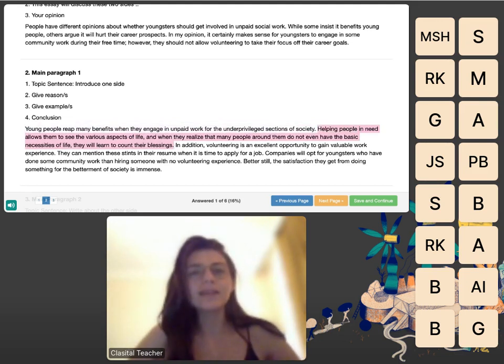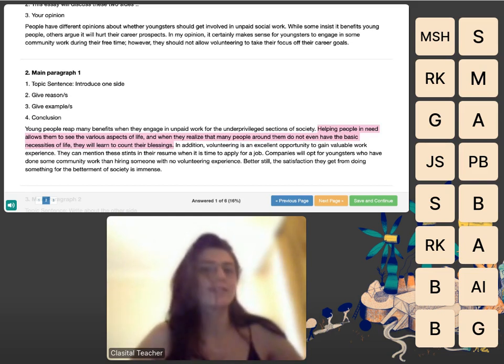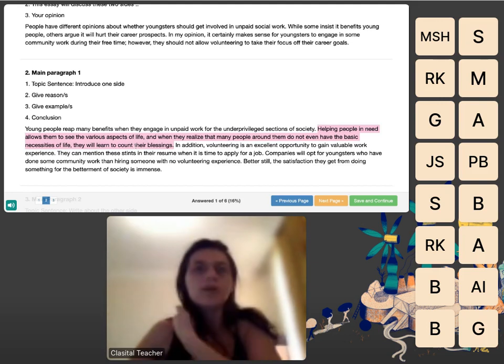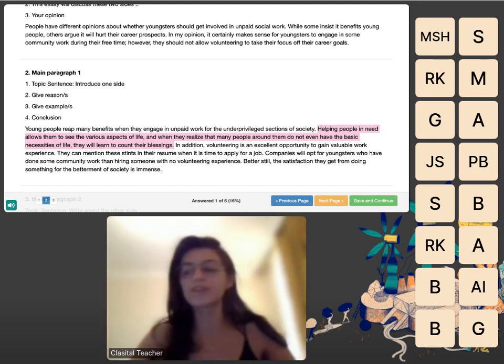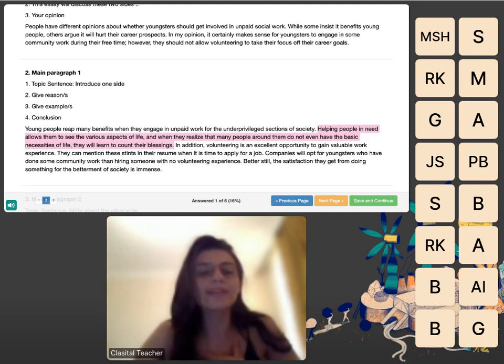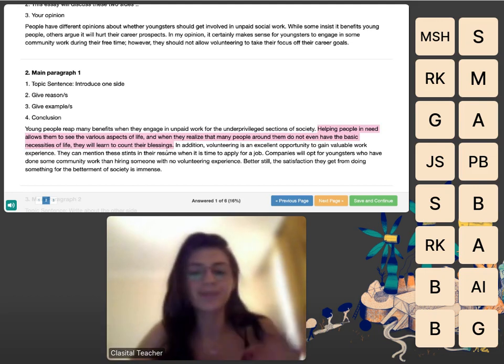And it supports the idea that was just presented to us. It gives the first reason why doing unpaid work actually helps people. It says helping those who are in more unfortunate conditions than us, we can see different aspects of life. So we can realize that there are other people living in different circumstances.